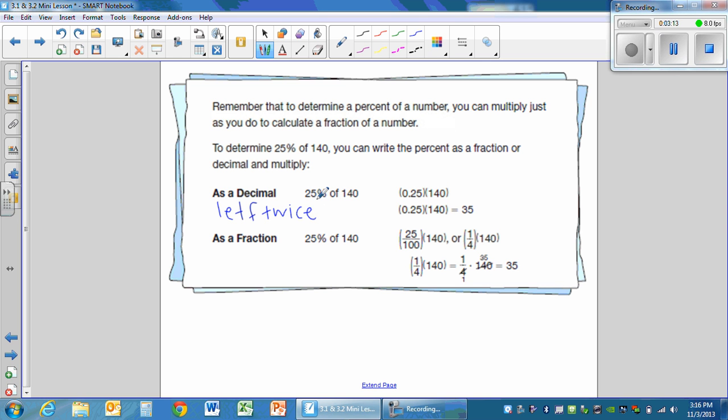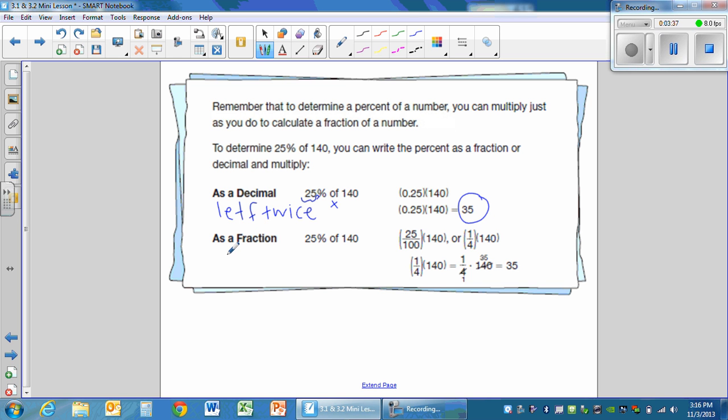So in this case, they took 25.0 and they moved the decimal place 2 times to the left to get 0.25. You can always think of "of" meaning multiply. So they took 0.25, multiplied it by 140 to get an answer of 35.